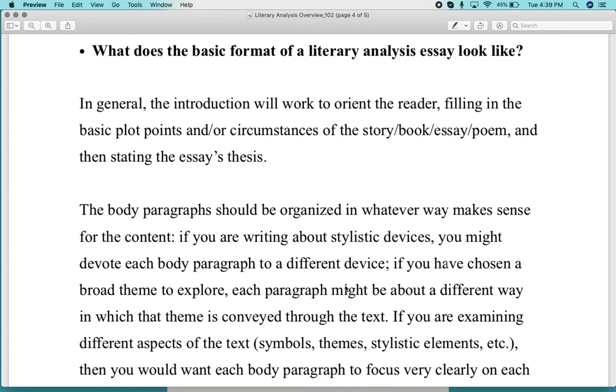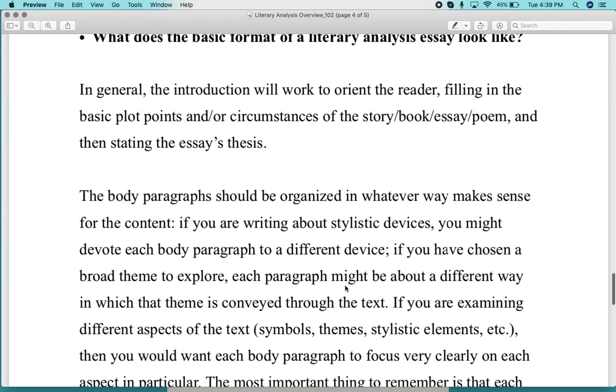If you've chosen a broader theme to explore, then each paragraph might be about a different way that the theme is conveyed, right? And I'm going to give you an example. So if you chose a theme, you would want to give examples from the text in each body paragraph to show why that is the theme.